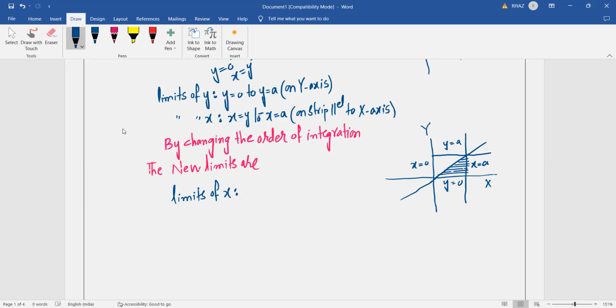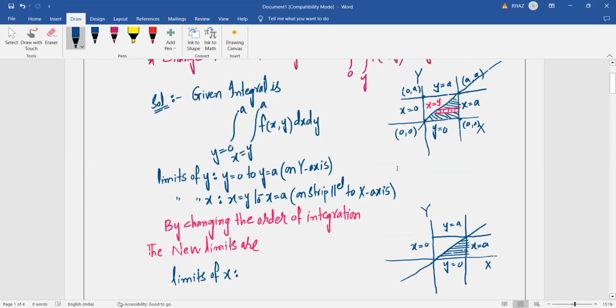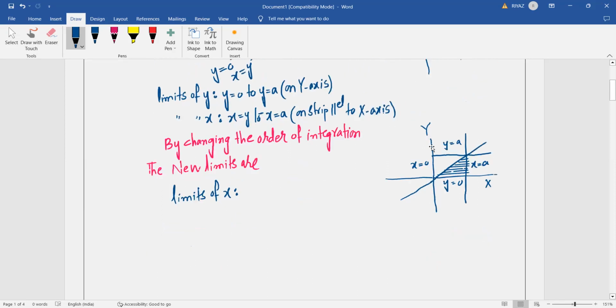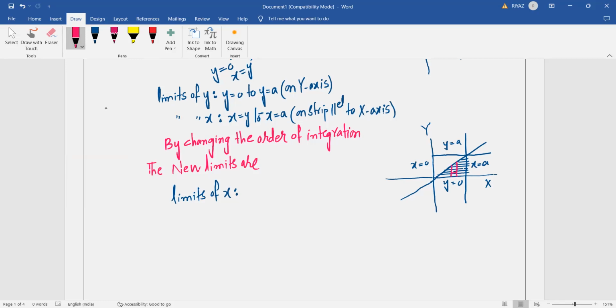Now look at the previous figure: it was parallel to the x-axis. Now we draw it parallel to the y-axis. It will be like this now. So the lower limit is y is equal to 0 only, and the upper limit is y is equal to x.